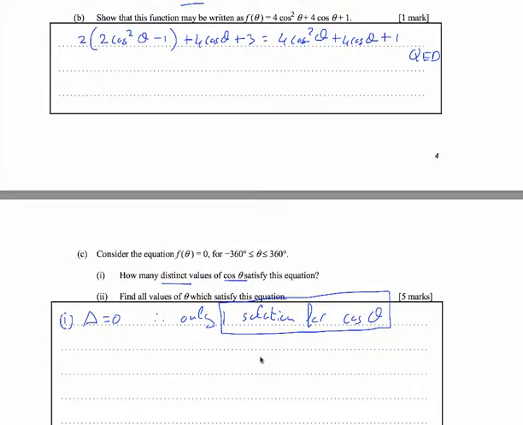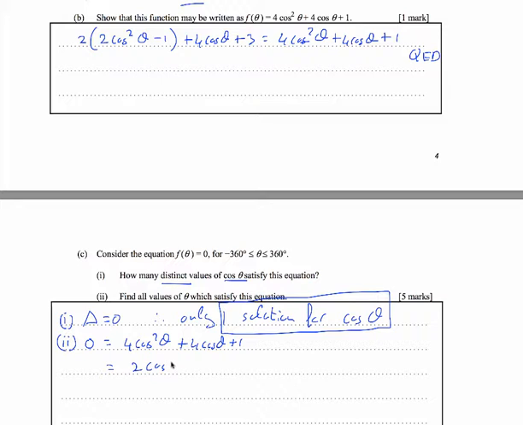All right. Find all the values for theta. So 0 equals 4 cosine squared theta plus 4 cosine theta plus 1.